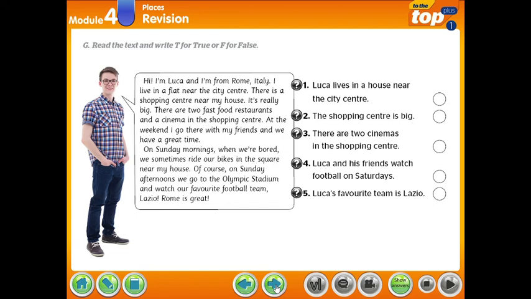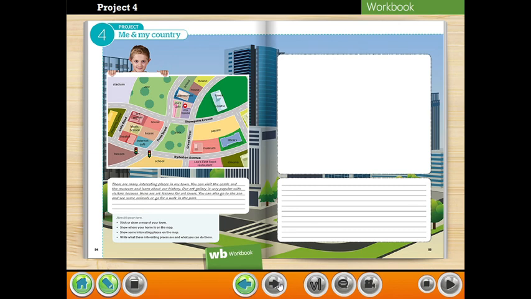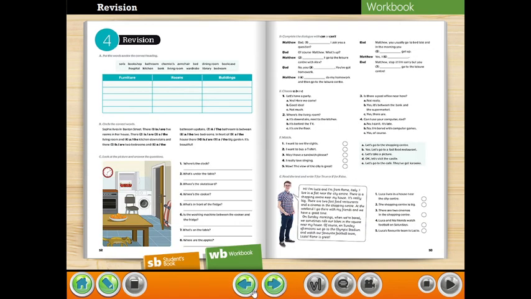After you read this text, just read the sentences and write whether they are true or false. The sentences, I mean. Is it the same in your workbooks? Okay, that's it. We have finished.